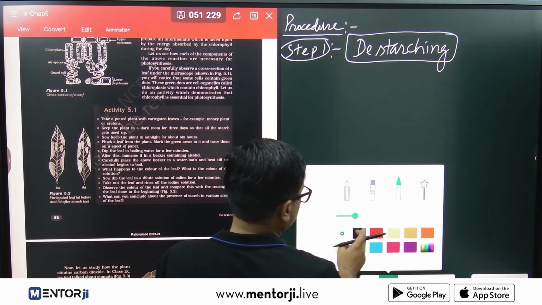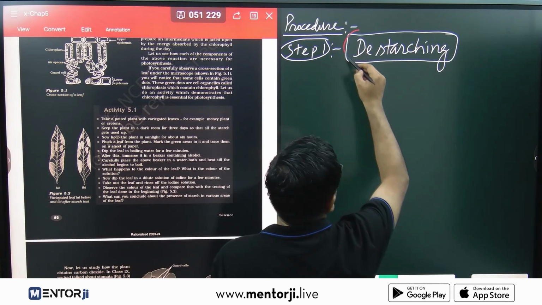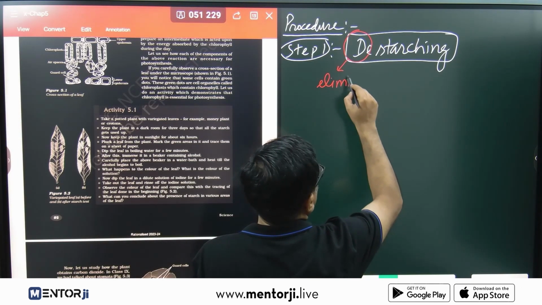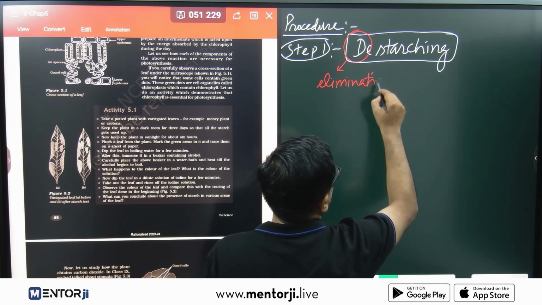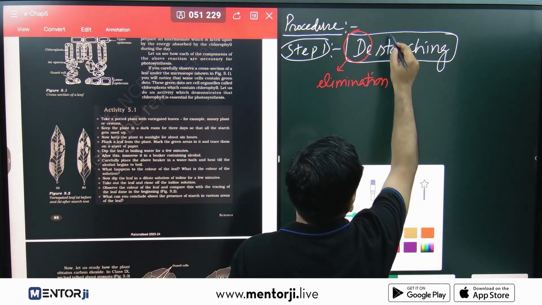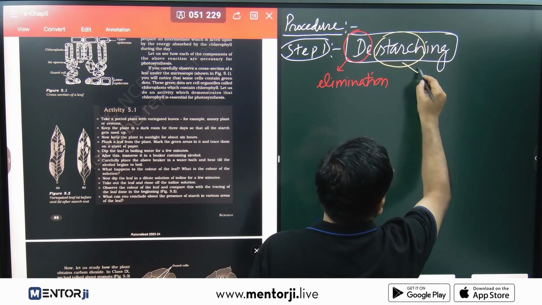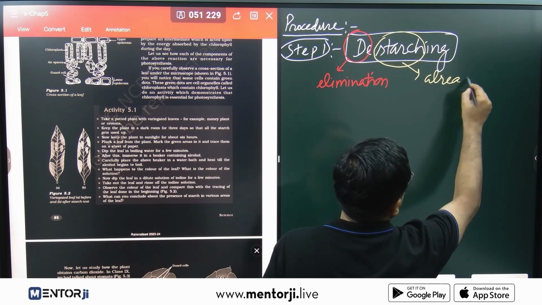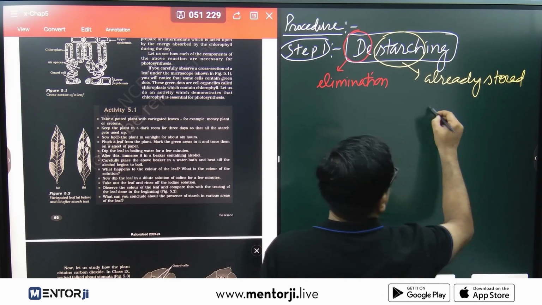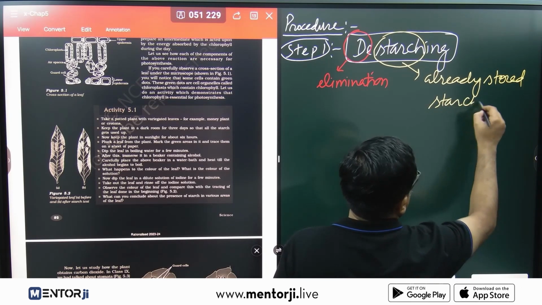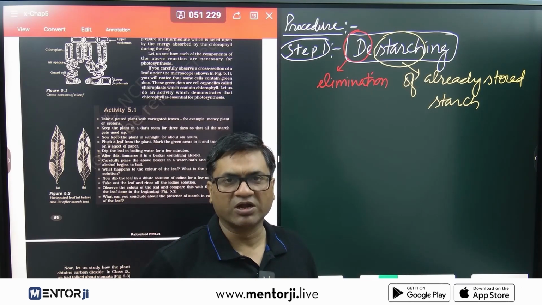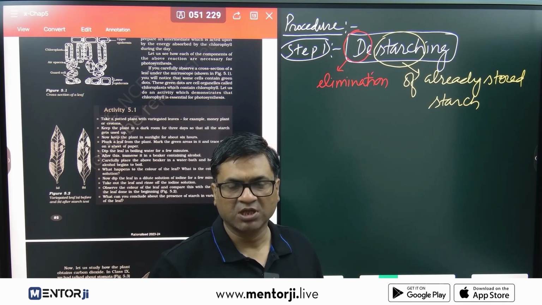De-starching: de means elimination, and starch means already stored starch. So that means elimination of already stored starch.